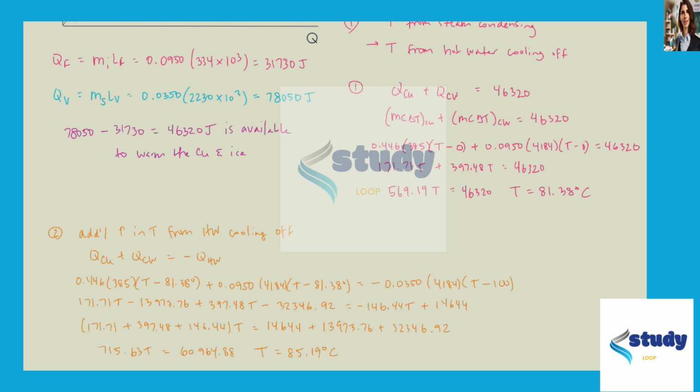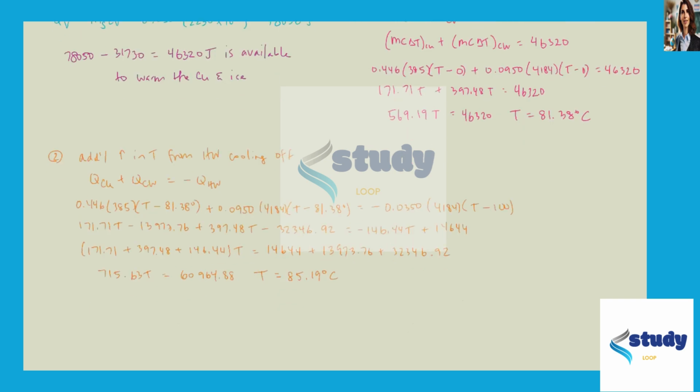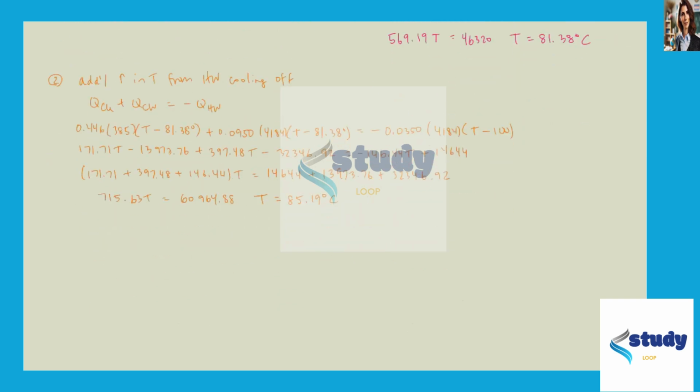So, if all of the steam had not condensed, I would have ended up with a temperature that was more than 100, which doesn't work. But it was a safe assumption to make.